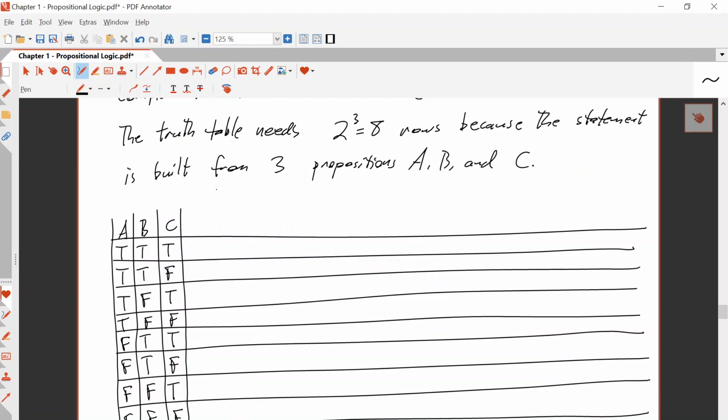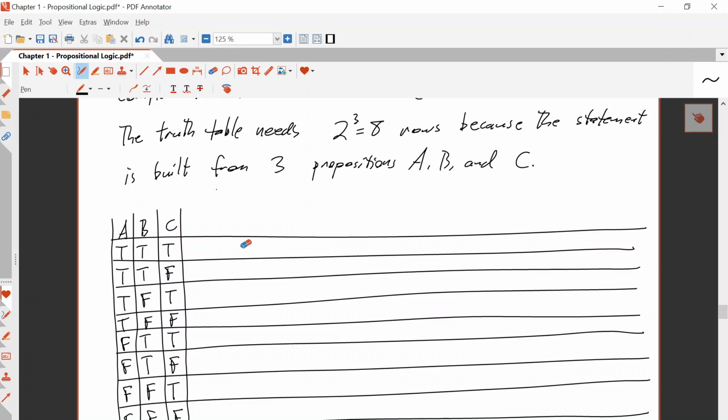You know, this might remind you of the binary numbers from 0 to 7. Because that's what they are, actually. Right, so this is 0, 1, 2, 3, 4, 5, 6, 7. So, thinking of f as 0 and t as 1, these are all binary numbers from 0 to 7.